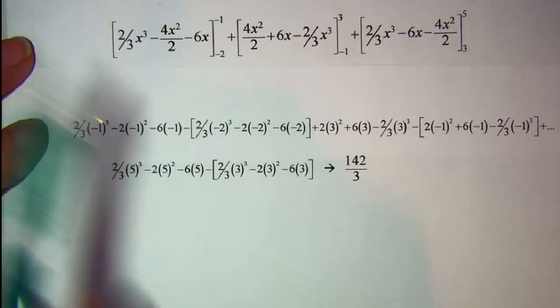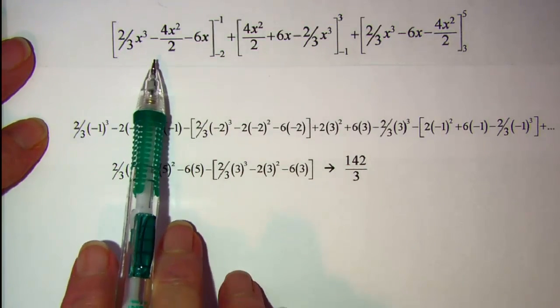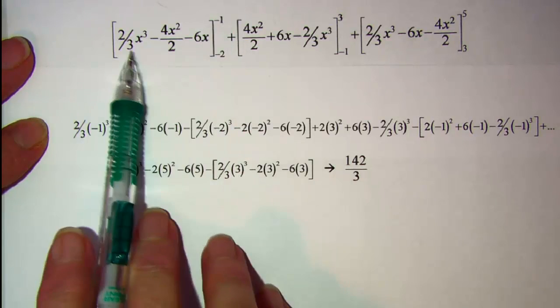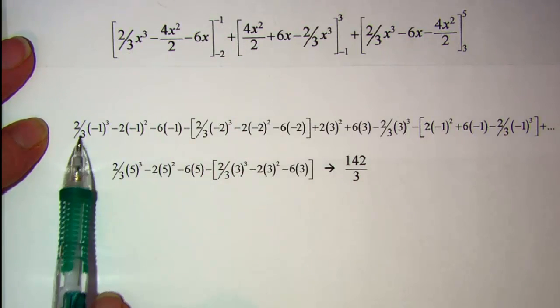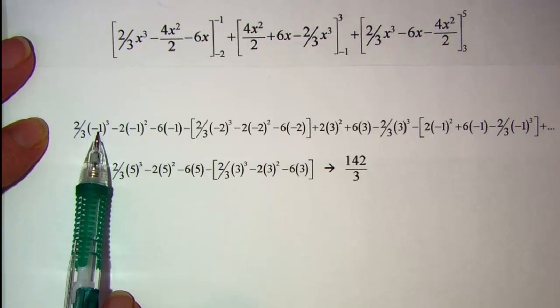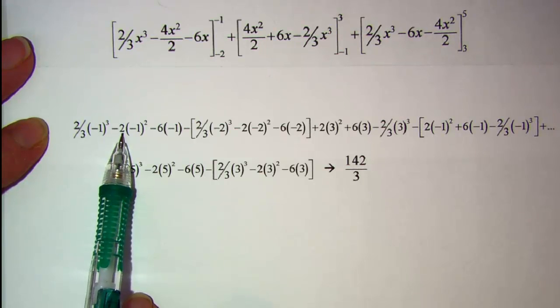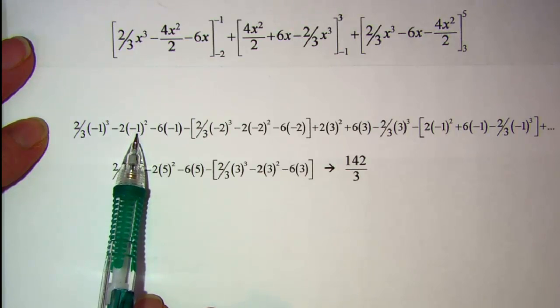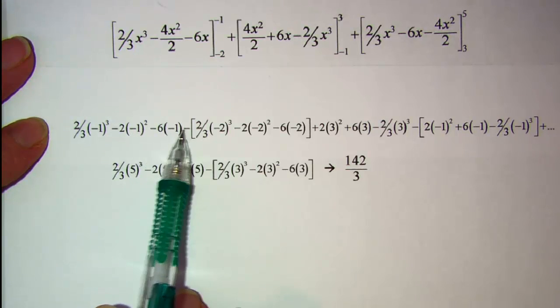Alright, so we have quite a bit of writing here. We're first going to substitute negative 1 into this expression. So we have 2/3 times negative 1 cubed minus 2 times negative 1 squared minus 6 times negative 1.